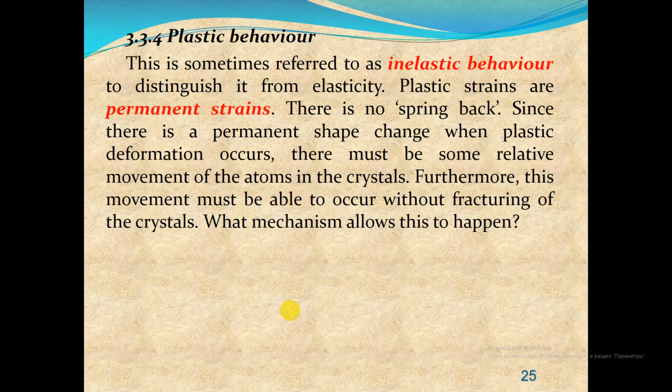Since there is a permanent shape change when plastic deformation occurs, there must be some relative movement of the atoms in the crystals. Furthermore, this movement must be able to occur without fracturing of the crystal. And what mechanism allows this to happen?